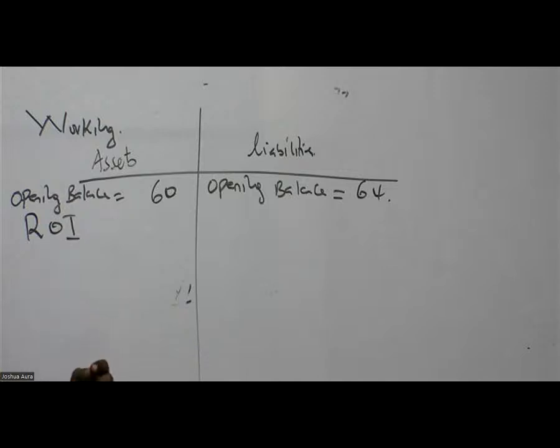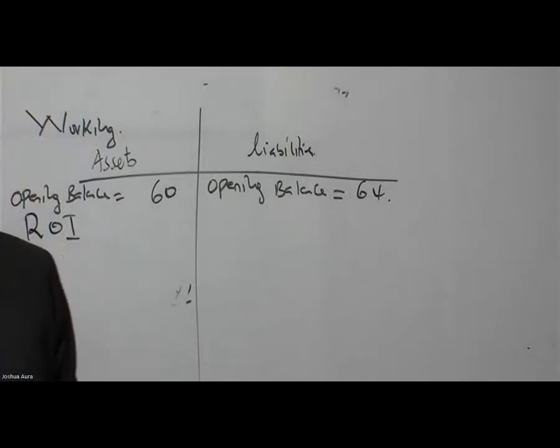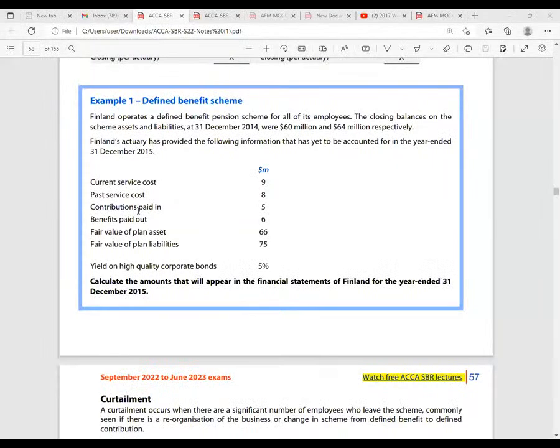So ROI, who can tell me this morning which percentage am I going to use to calculate my ROI? Is there somebody who is able to see any treasury bill rates or the yield on high quality corporate bonds? It's here, 5%.